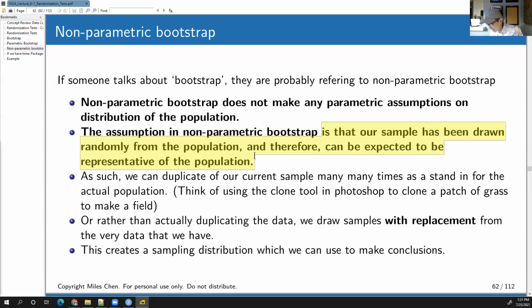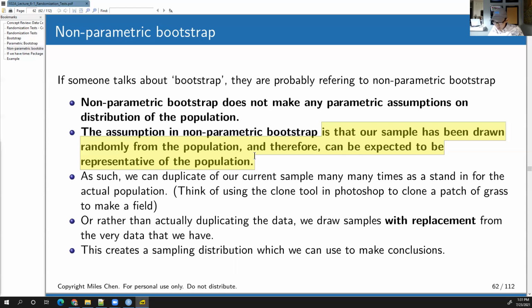It's that idea: you have a small sample, a small portion, and we say, hey, this should look like my population. So I'm going to copy and paste it a whole bunch of times, and now I've got this big thing, and that's going to be my stand-in for the population.